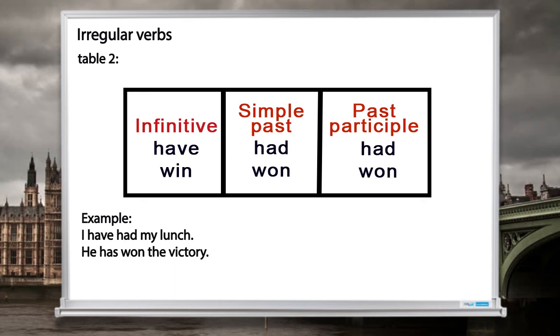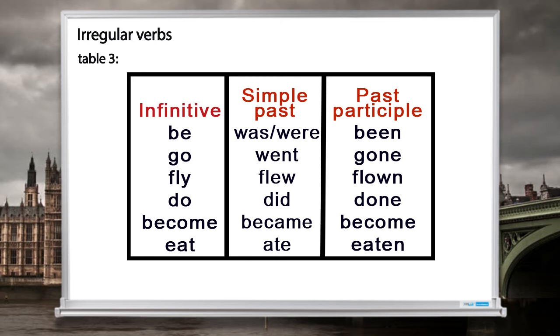But there are irregular verbs with different forms in the past simple and past participle, which you can see in table 3. The infinitive form of the first verb you can see is be. Next one, past simple is was or were, and past participle been.